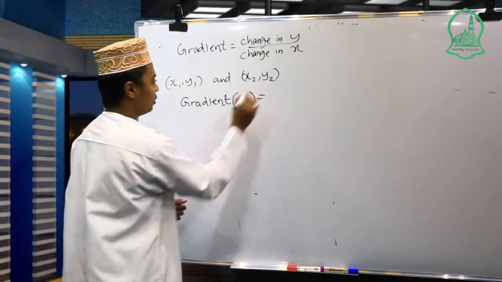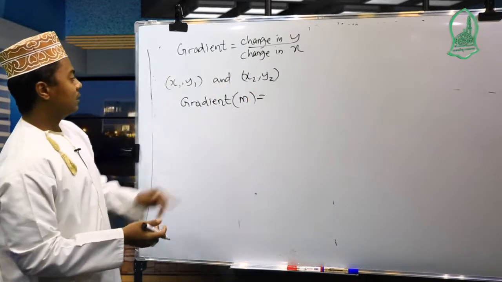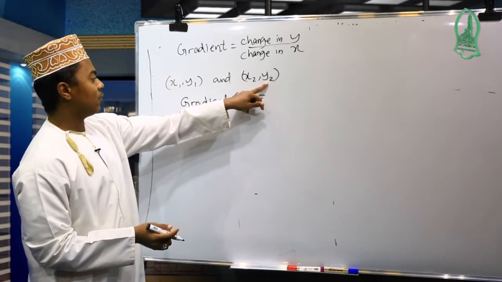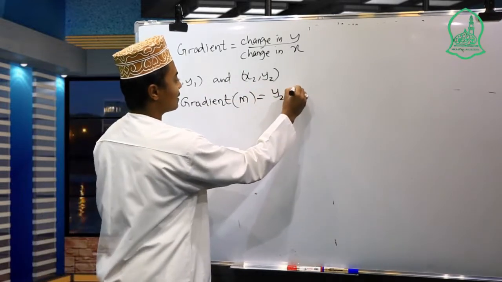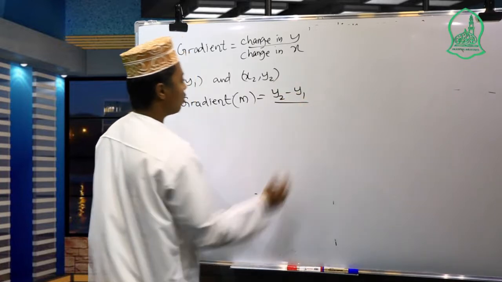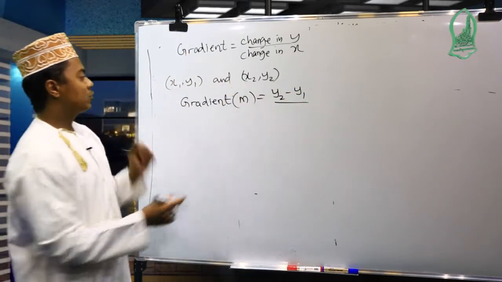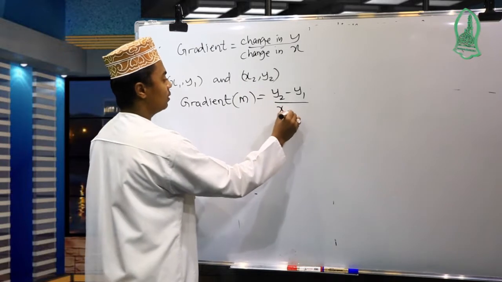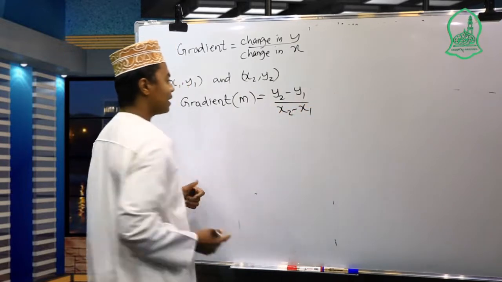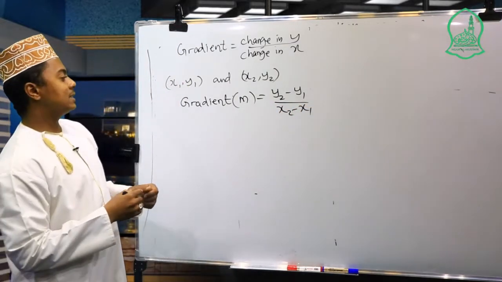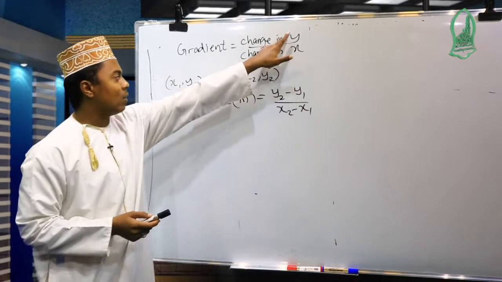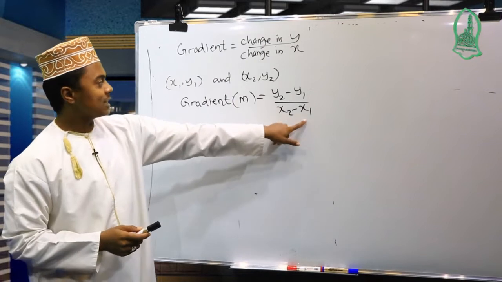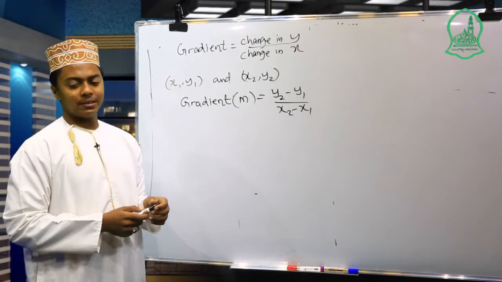So to use this formula, we take the change in y, which is y2 minus y1, over x2 minus x1. So the gradient is equal to the ratio of y2 minus y1, which is change in y, over x2 minus x1, which is change in x.